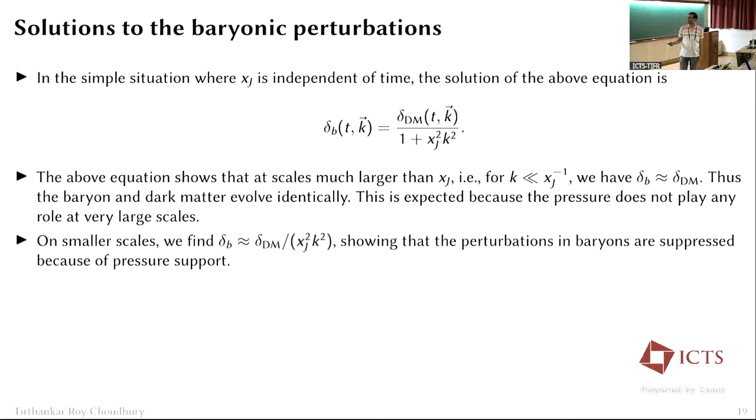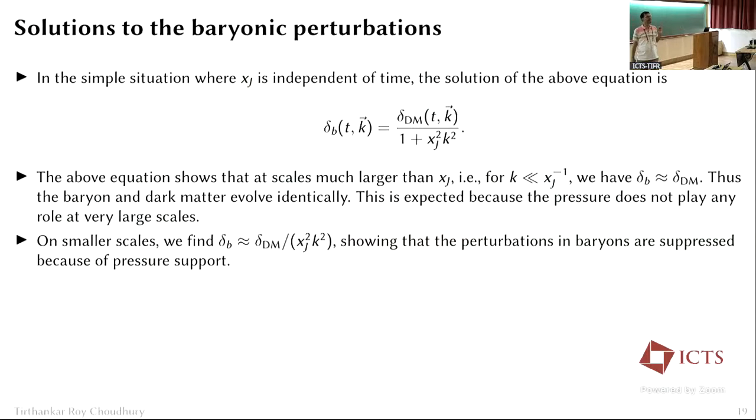At smaller scales, suppose this term dominates, you will end up with an equation which looks like this. And clearly, at small scales, this x squared k squared is large. So the baryonic perturbations will be subdominant compared to the dark matter perturbation. What the equivalent of a window function does is suppress baryonic fluctuations at small scales.